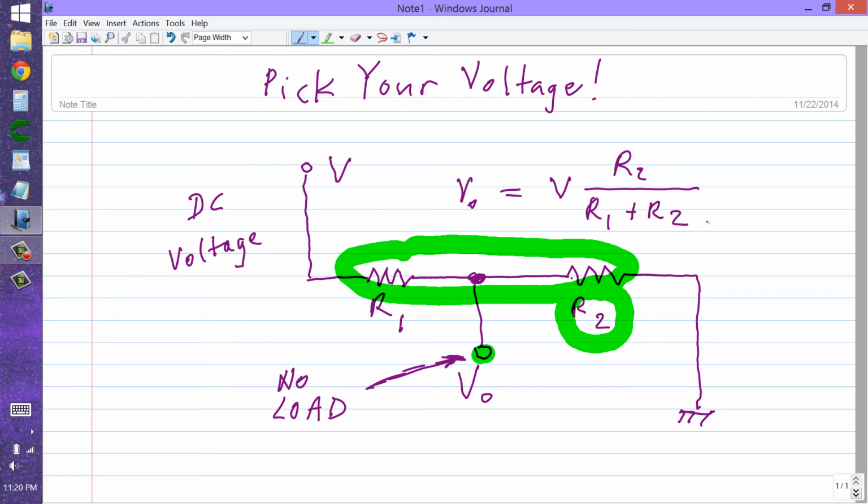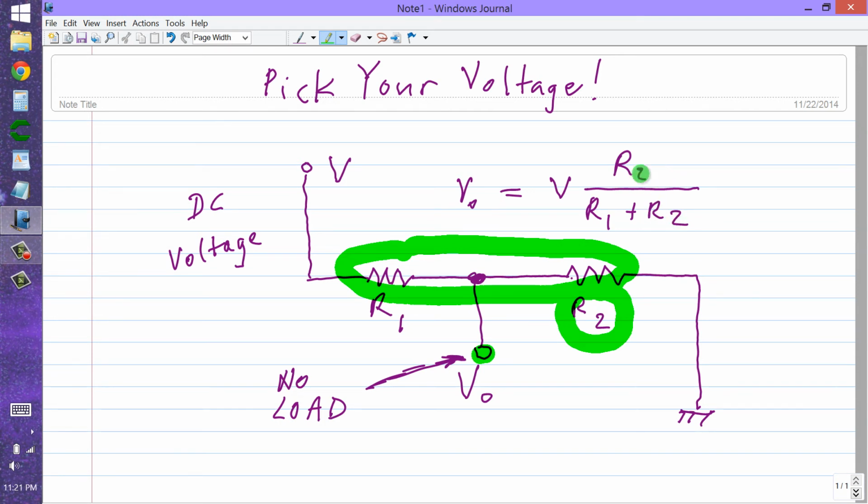Like that. That's all you need to do. So you can calculate these values using algebra in either direction, but that's the important thing. This voltage V sub 0 is going to be equal to a fraction of this power supply voltage, and that fraction is R sub 2 over the quantity R sub 1 plus R sub 2.